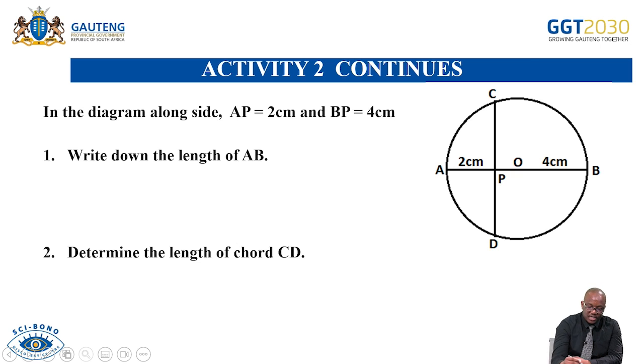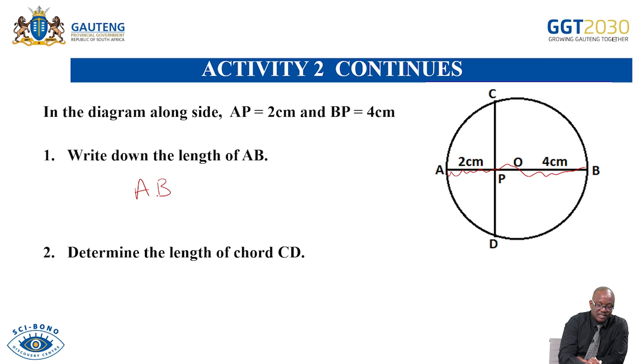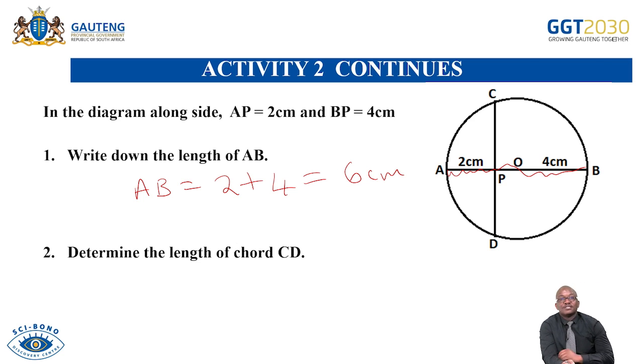And if you can check, the length of AB is your diameter. So that was the simplest one. We know that AB will be 2 plus 4, which is 6 centimeter. It means our diameter is 6 centimeter.